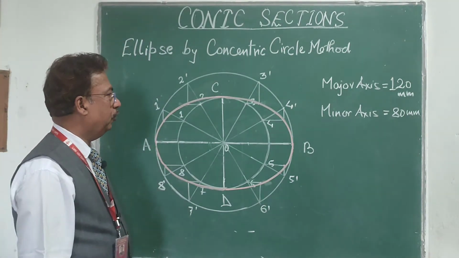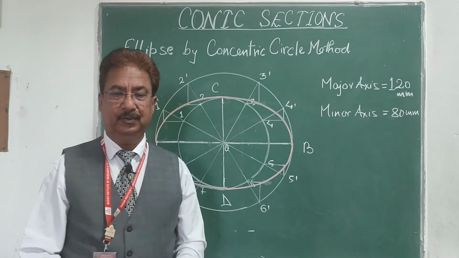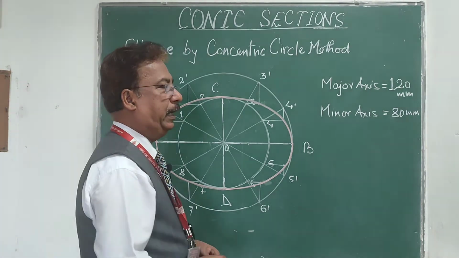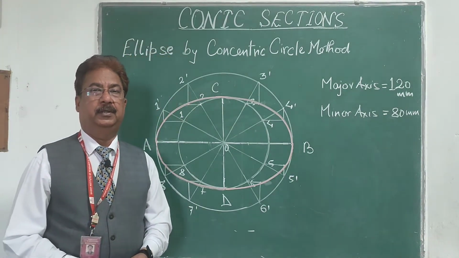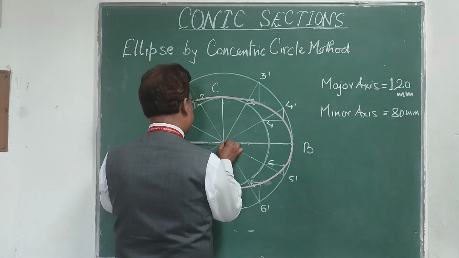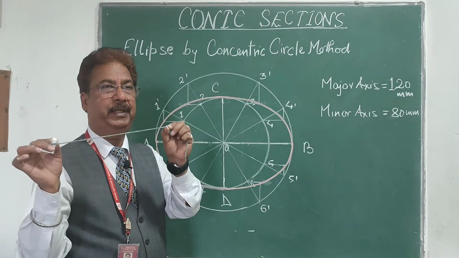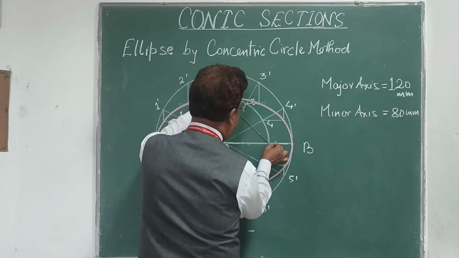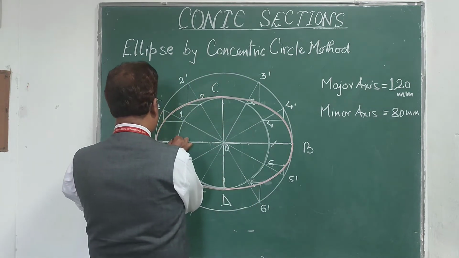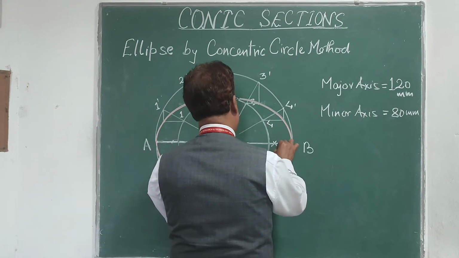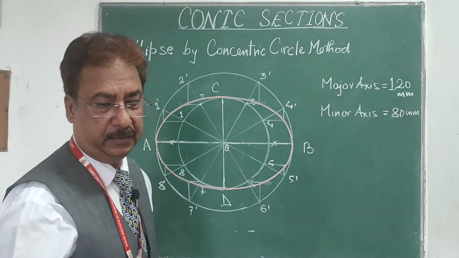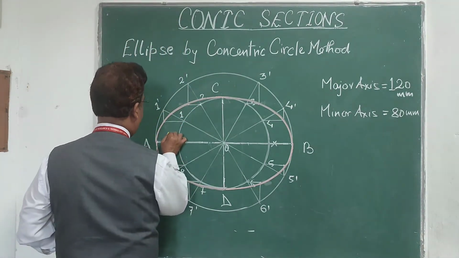And if you want to draw a tangent and normal on this curve, then the method for drawing the tangent and normal will be, initially we have to find out the focus F1 and F2 of this ellipse. For that the method will be, I will pick half of AB, and now from C as center I will cut the major axis in both directions, so these 2 points are the focus F1 and F2.